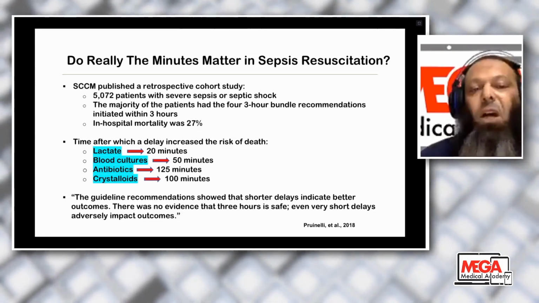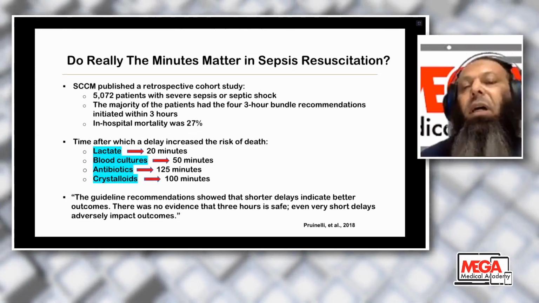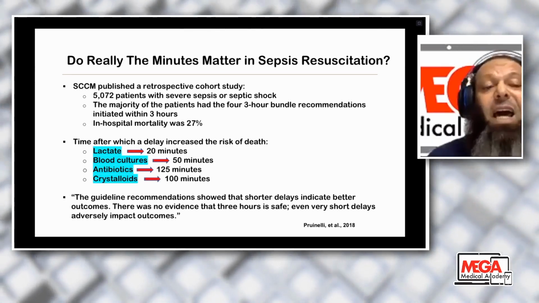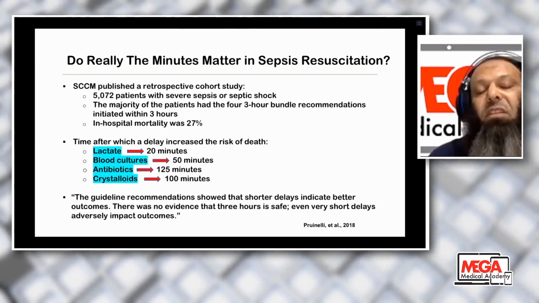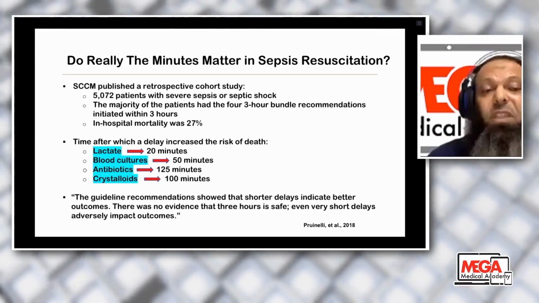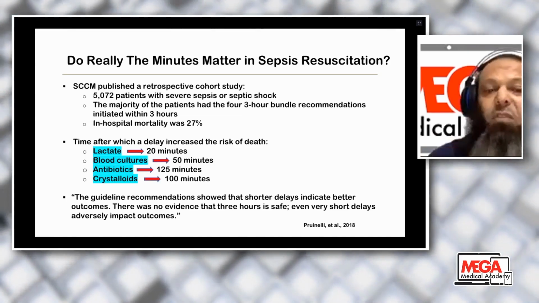In-hospital mortality was 27% in those who were compliant with the 3 hour bundle recommendation. But they analyzed the time frame within the 3 hour bundle and the components, which we call sepsis score measures. They found an increased risk with the delay.